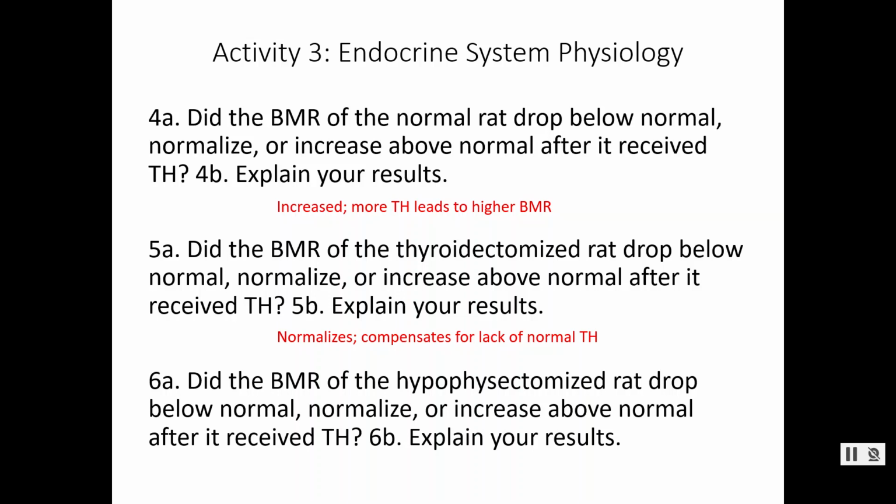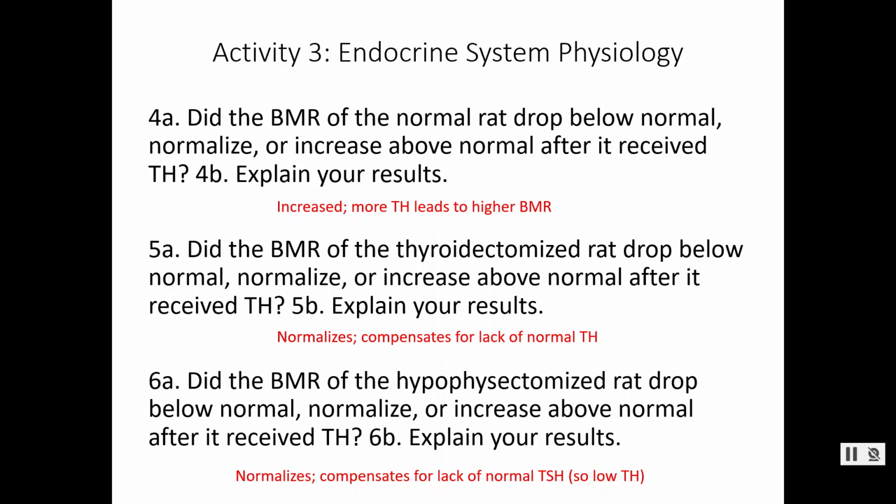Now, 6A, did the BMR of the hypophysiectomized rat drop below normal, normalize, or increase above normal after it received TH? Again, explain. So, same thing here. We're going to normalize. We're going to go from below normal up to normal for similar reasons.